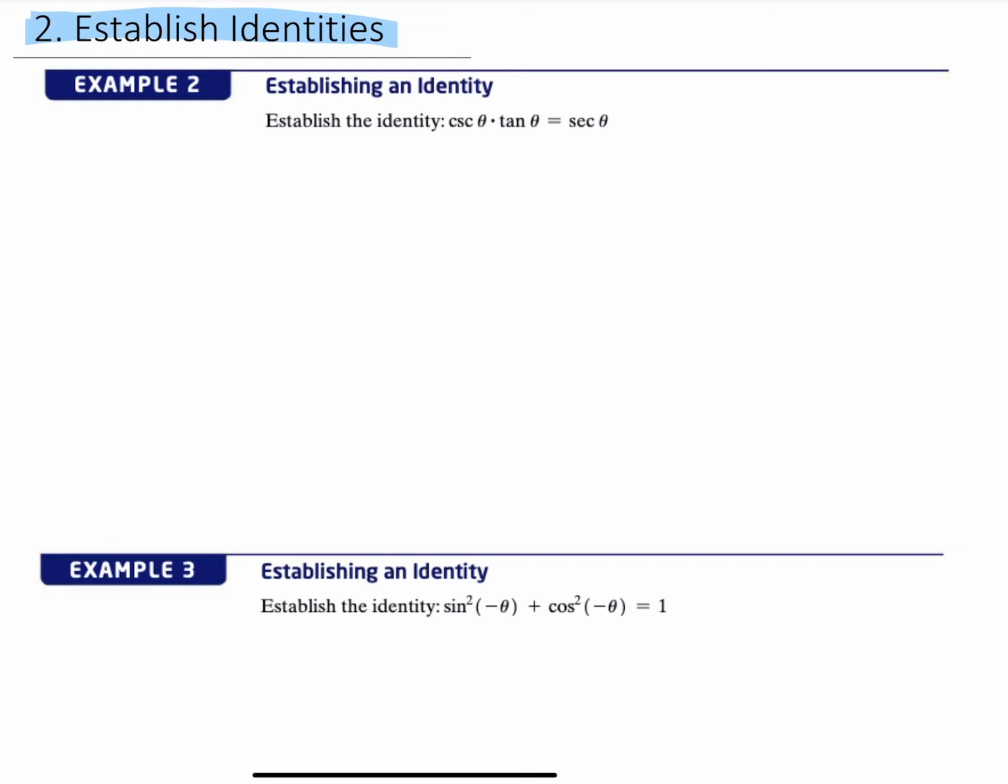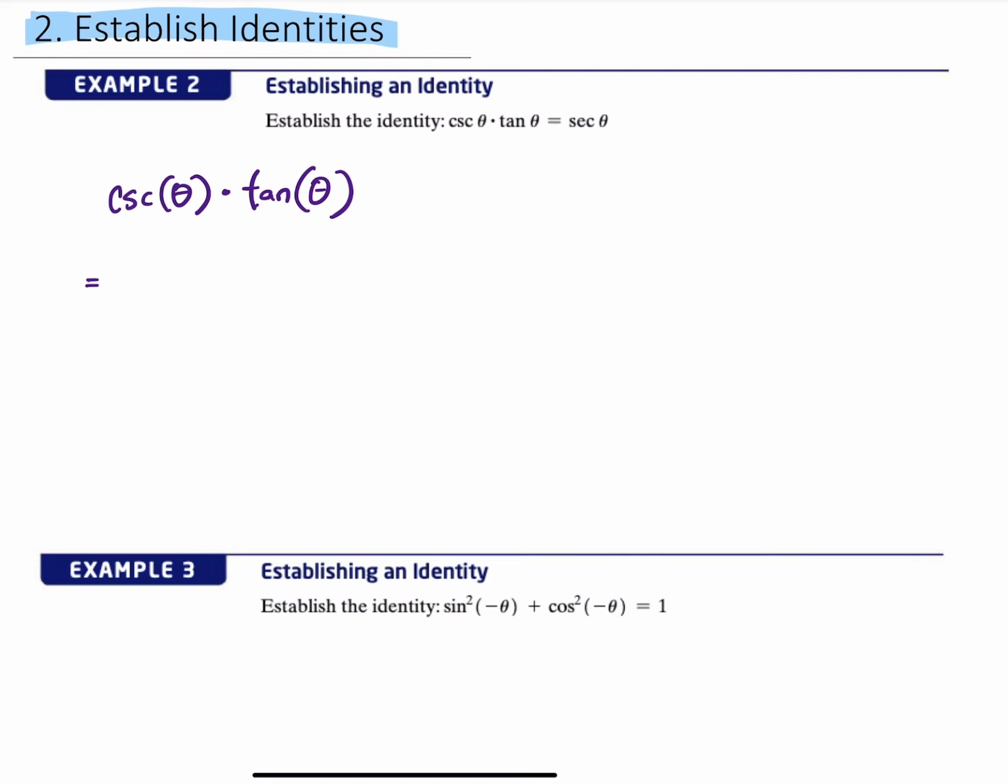So let's start with that left side. The cosecant times the tangent. We want to turn it into the secant. Well, a general good strategy is to try to just convert everything into sines and cosines and see what reduces.